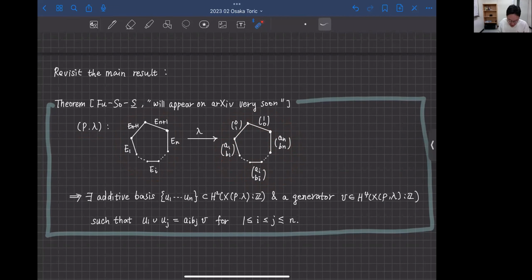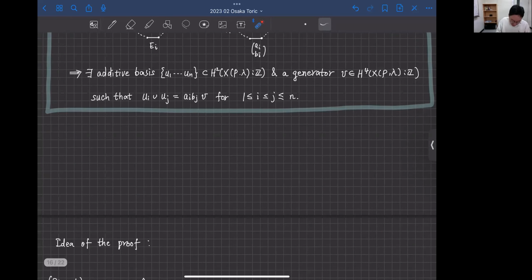Then the claim is there's an additive basis u1 to un, and a generator v in degree 4, such that with respect to this basis, the cup product structure is easily understood just by looking at the characteristic vectors. Right? So ui times uj is nothing but ai bj times v. So these numbers appear in some place in this characteristic vector.